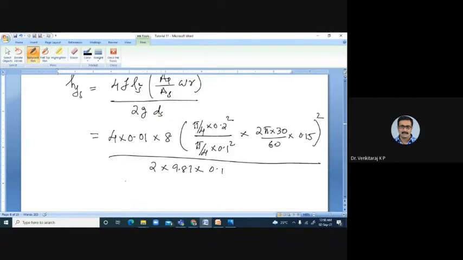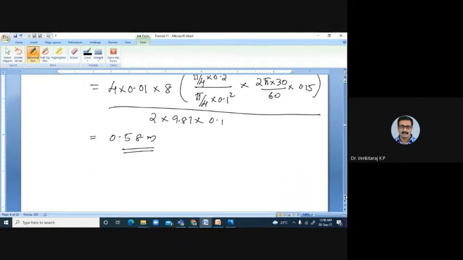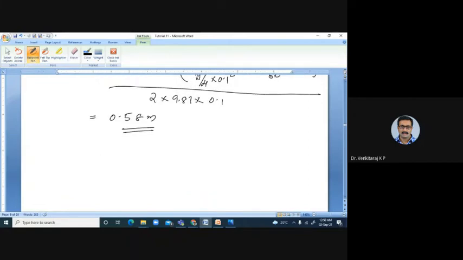After calculating, we get this as 0.58 meter. Now the total head H total will be HS plus HFS. So it is 4 plus 0.58. So it is 4.58 meters of water.